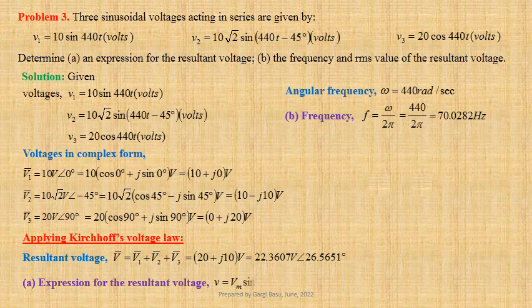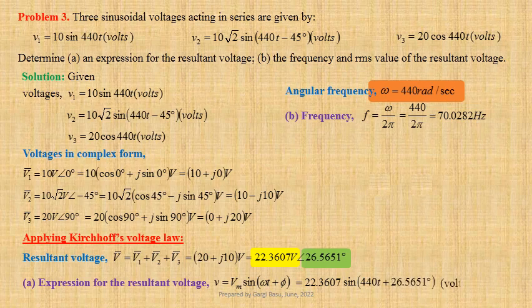V equals Vm sine of omega t plus phi, that is equal to 22.3607 times sine of 440t plus 26.5651 degree volt. Let us now calculate the RMS value of the resultant voltage.